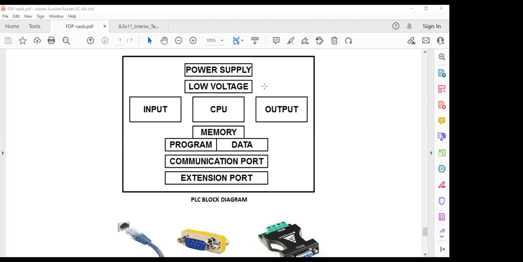Input output means on any PLC, we have input terminals, we have output terminals where we connect input output wires. Correct? I hope it is clear. So I'm talking about input output terminals, not the physical existence of input output.